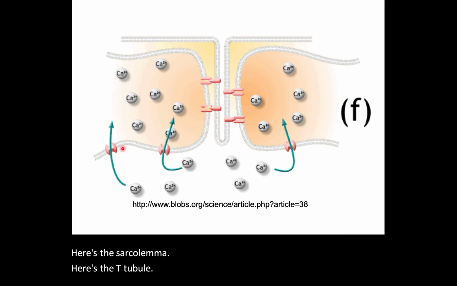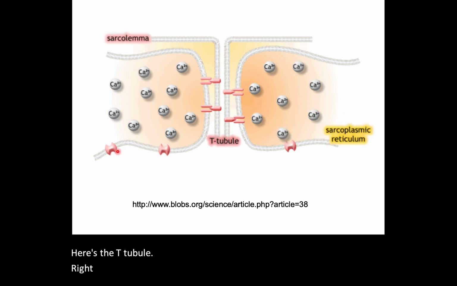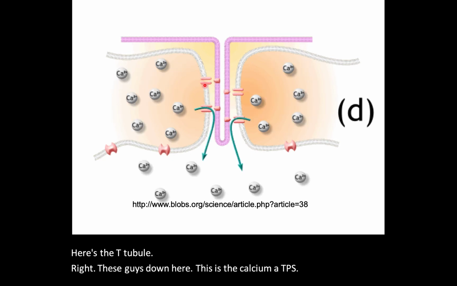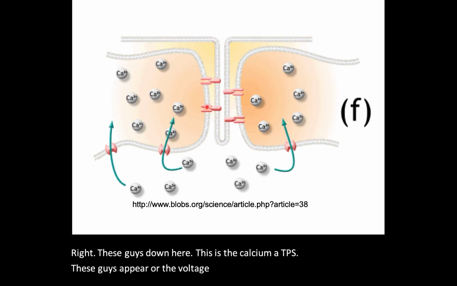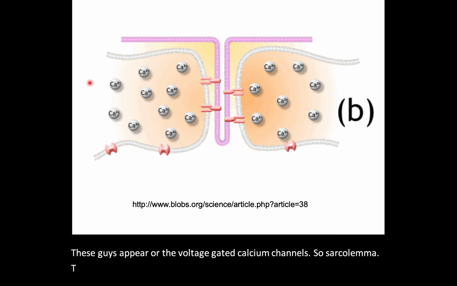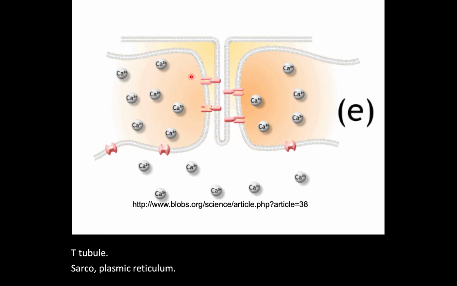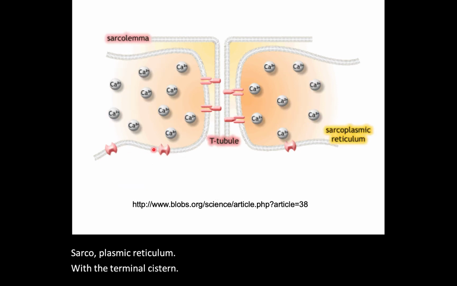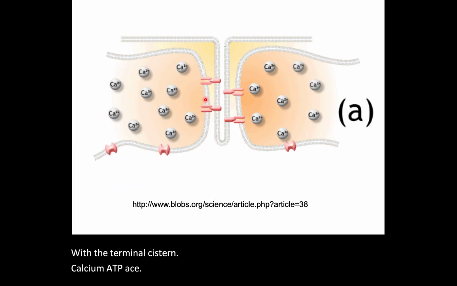These guys down here, this is the calcium ATPase. These guys up here are the voltage-gated calcium channels. So: sarcolemma, T-tubule, sarcoplasmic reticulum with the terminal cistern, calcium ATPase, and voltage-gated calcium channels.